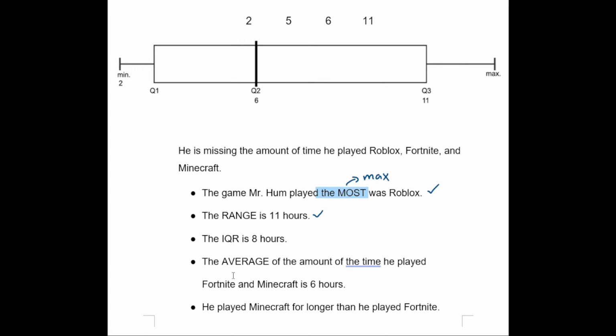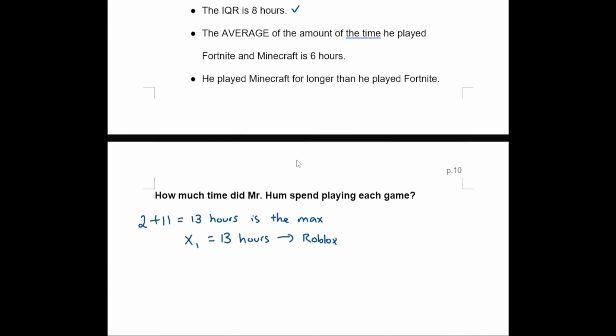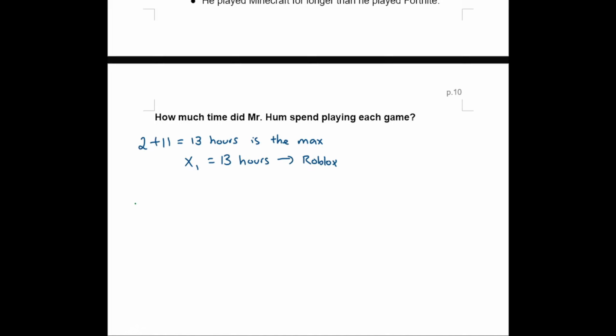So if we know that Q3 is 11, but we don't know what Q1 is, then to find Q1 we have to find the number that's 8 smaller than Q3. How do we do that? Well, we take Q3, which is equal to 11, and subtract 8, and we get 3. So Q1 is equal to 3, okay?